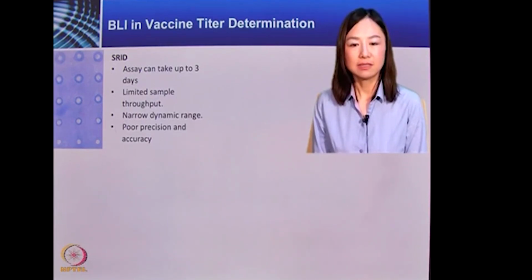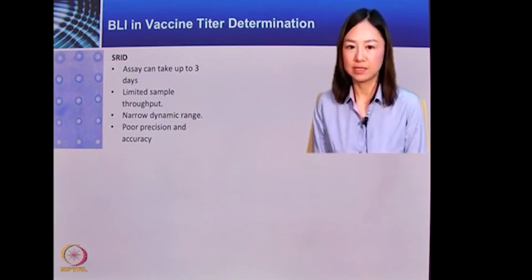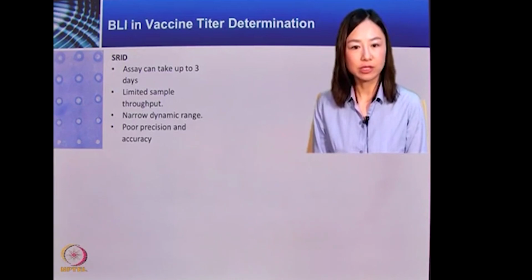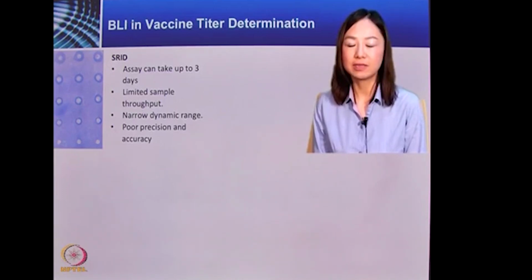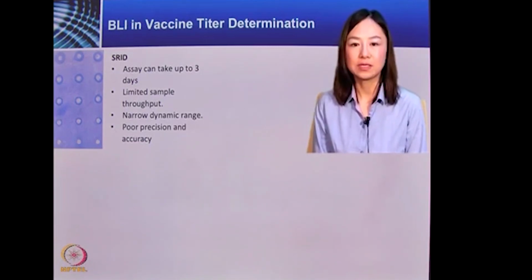Thirdly, the sensitivity and accuracy of the SRID method is limited, and the interpretation of the final results is subject to personal interpretation. So this method may not be a perfect method for determining the virus titer in a sample.